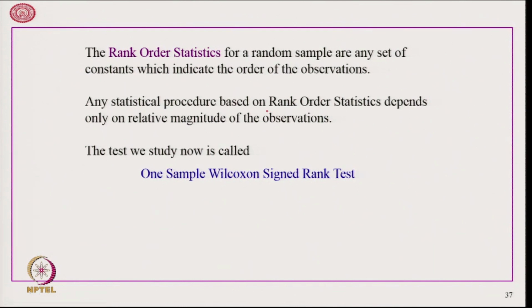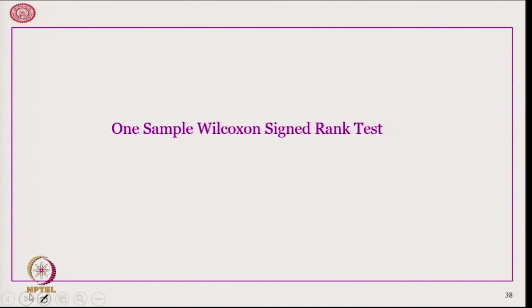So, that is what we will be computing, which is called a rank order statistic, and from this rank order statistic, the basic test that comes up is called Wilcoxon signed rank test. So, let us first study one sample Wilcoxon signed rank test.